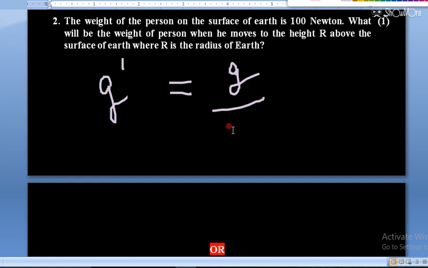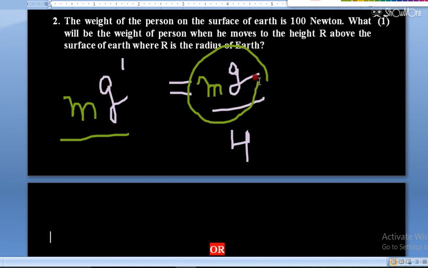If I multiply both sides with m, then m into g is the weight of the person. This is the weight of the person at that particular height h above the earth's surface, and this is the weight of the person at the earth's surface, mg, which is 100.